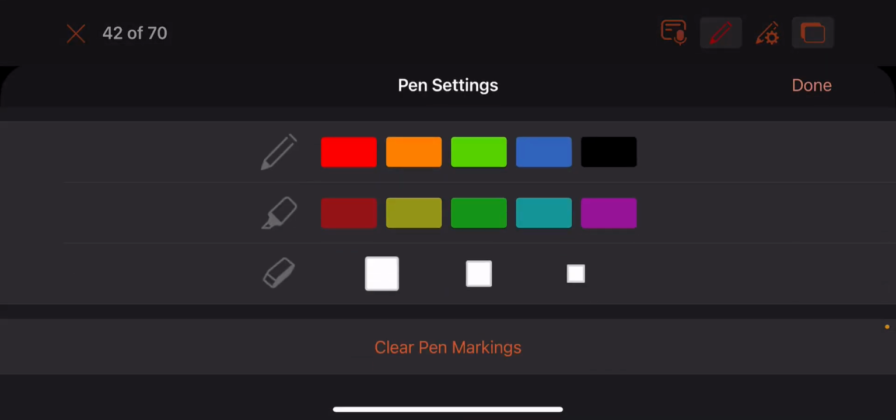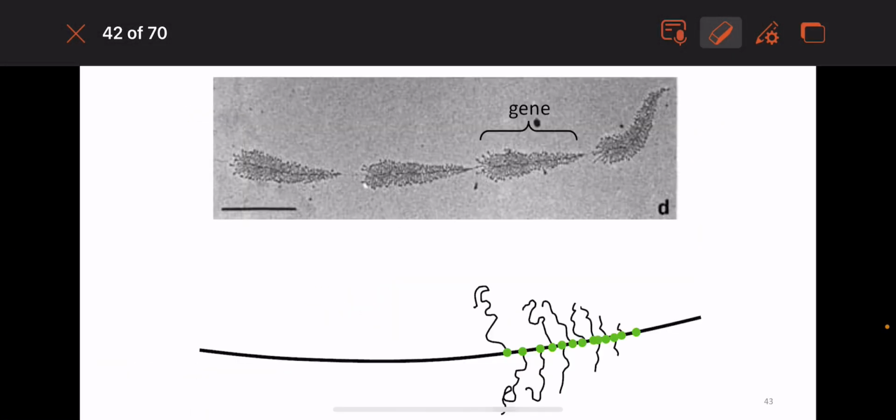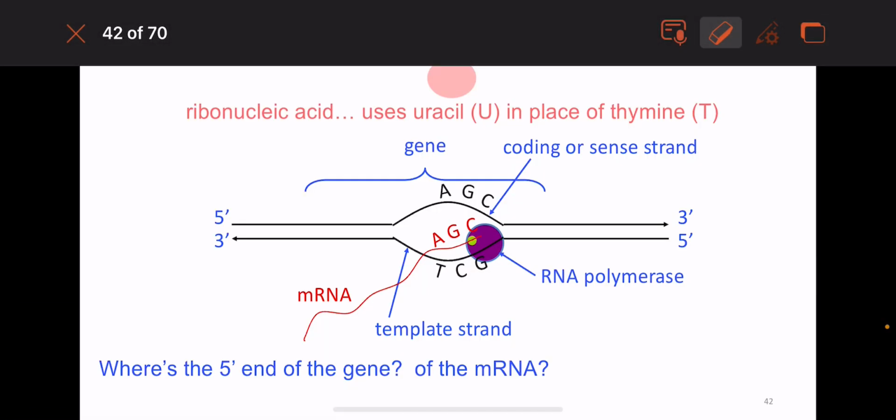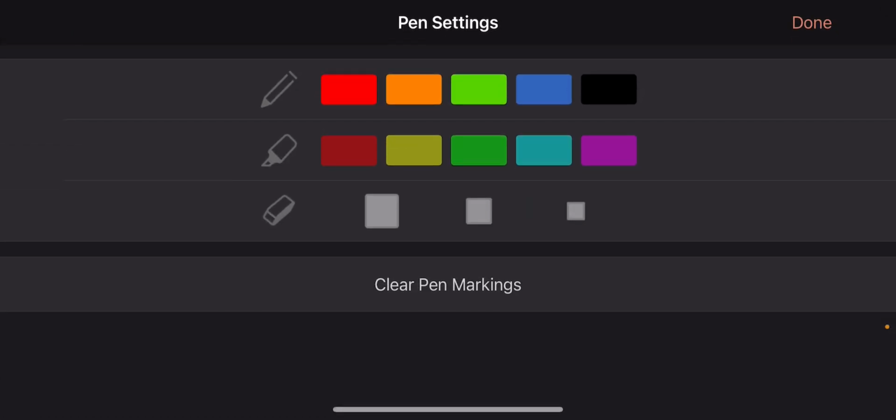So realize you have two strands, right? You have two strands, red and green, and assuming the green is being used as your template and the red is not being used.